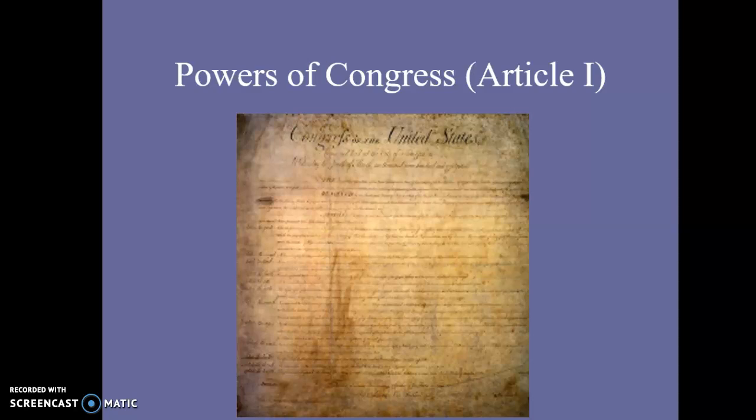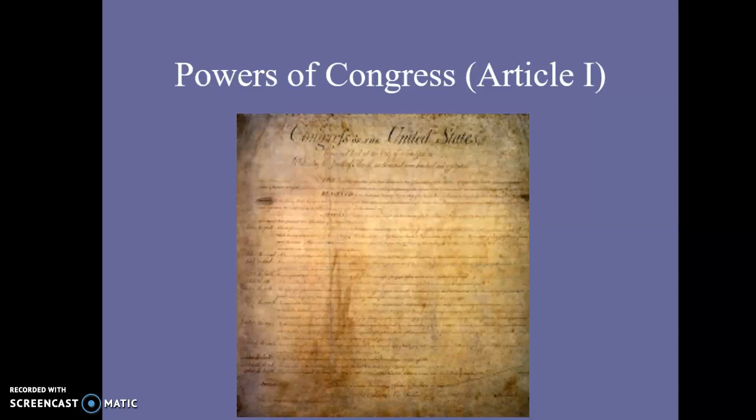Now, first thing to remember is Congress is the most powerful arm of government. The other two arms are the executive, which is part of the presidency of the United States, whose powers are articulated in Article 2. And the third arm of government is the judiciary, which is the Supreme Court of the United States with the 9 Supreme Court justices.